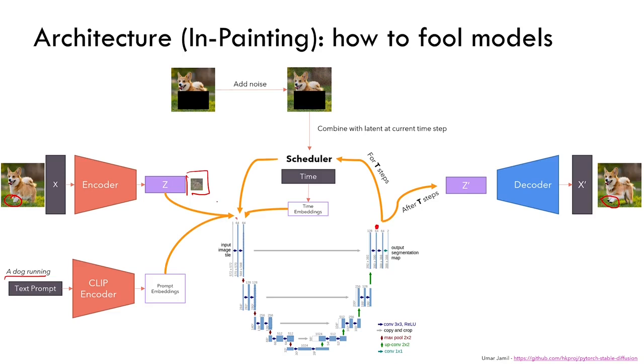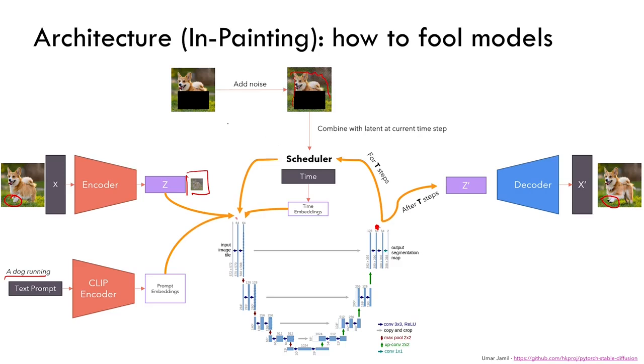But then, of course, nobody told the model to only predict this area. The model, of course, here at the output predicted and denoised all the image. But we take this output here and we remove, we don't care what the unit predicted for this area of the image, the area that we already know.